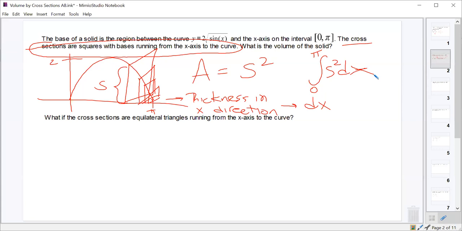S is just the distance from the x-axis to the function. That's a distance in the y direction. In fact, it happens to be y. Whatever this point is, it's some point x, comma, y. Well, what does y equal? Y equals 2 root sine x.